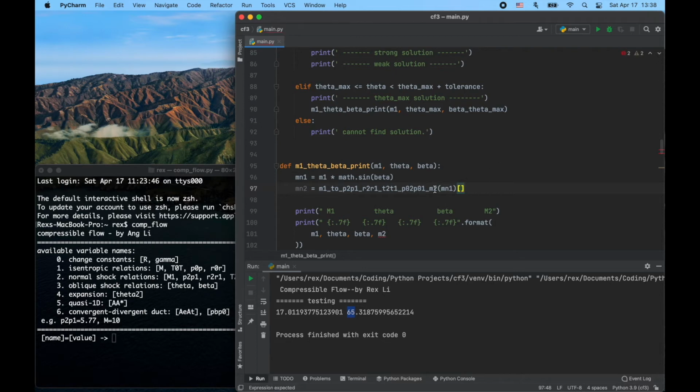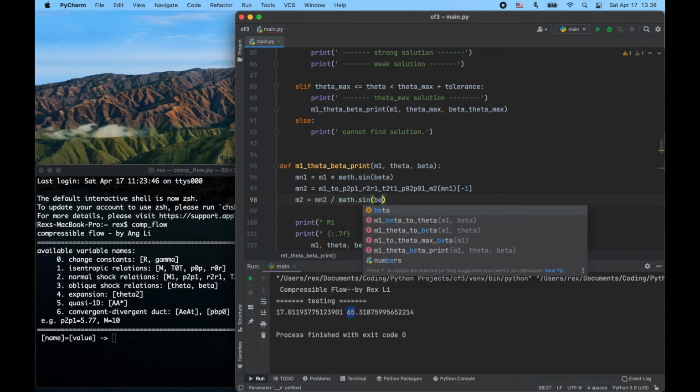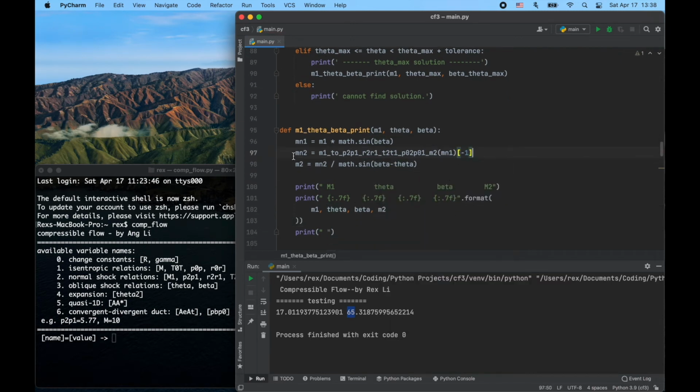And we only take the last element, which is M2. And M2 is just Mn2 divided by math.sin of beta minus theta. All right, we find M2.